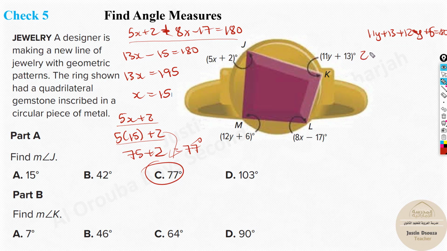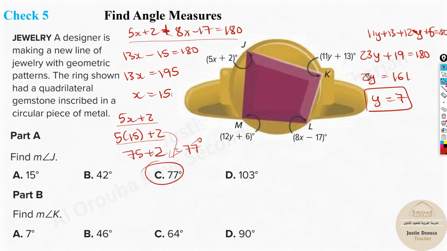It'll be 23y plus 13 and 6 is plus 19 equals 180 degrees. Now take this 19 to the other side. What's going to happen is 23y equals 161. So y is equal to 7 here.